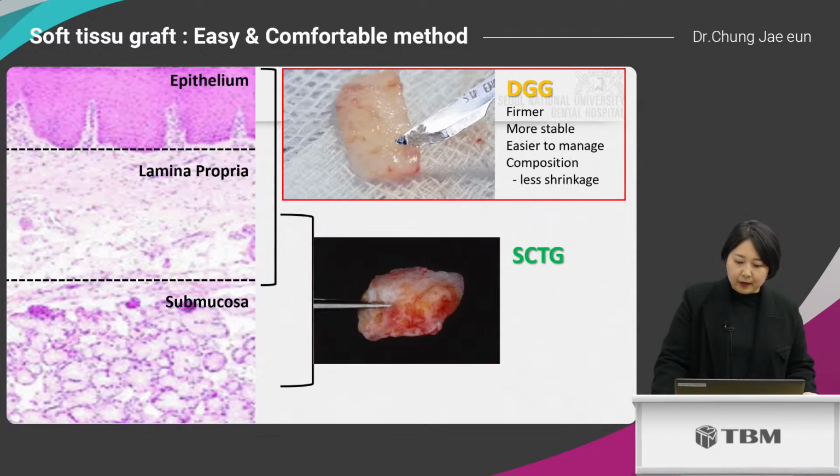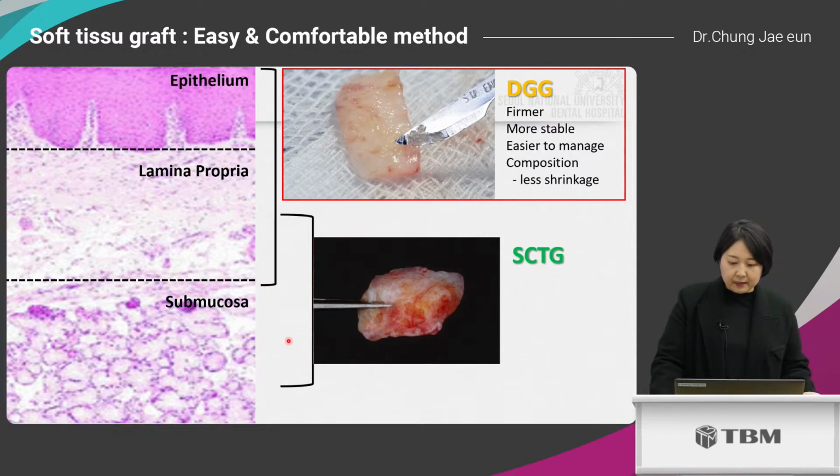This is a section of palatal gingiva. DGG is cut from the upper part of the palatal gingiva that includes epithelium, lamina propria, and a little of the submucosa. And we remove the epithelial part of the graft. SCTG is cut from the lower part here, so it contains lamina propria and much of the submucosal layer.